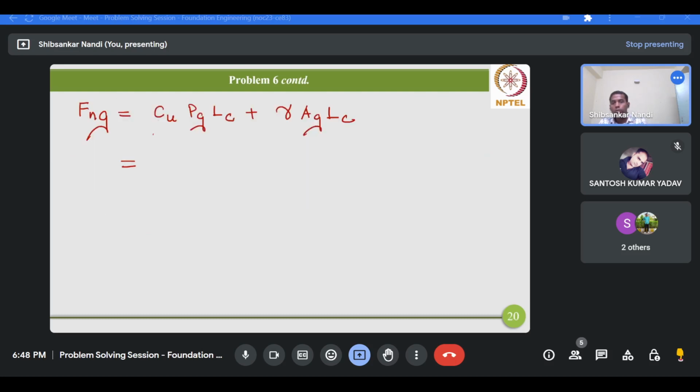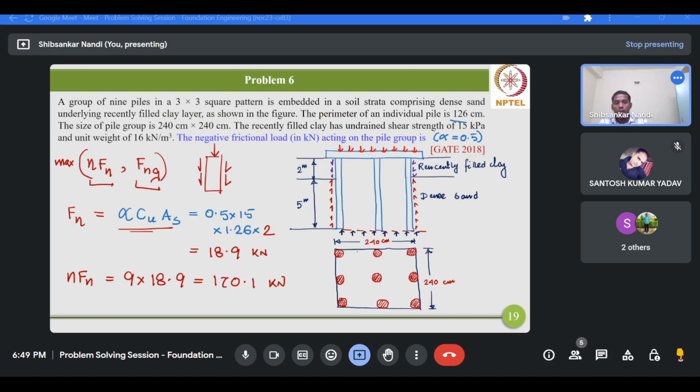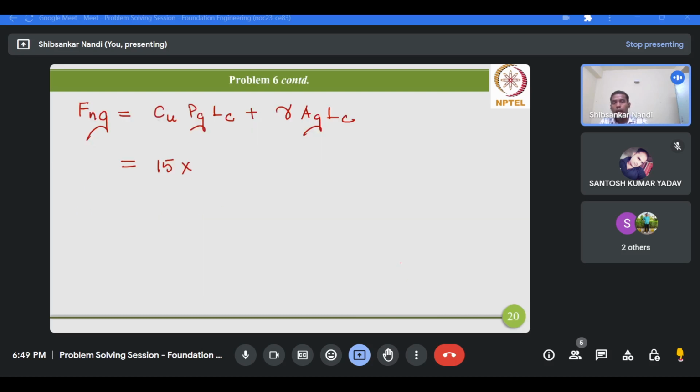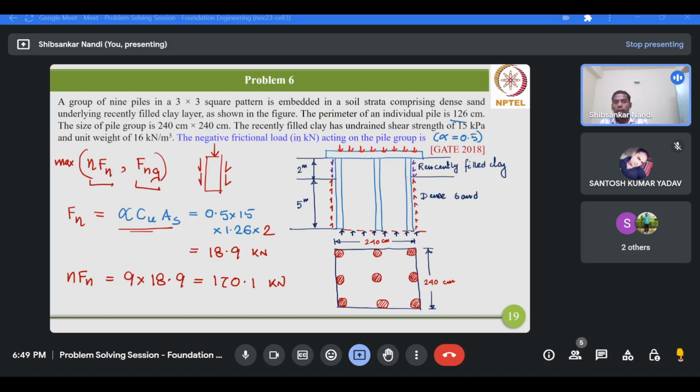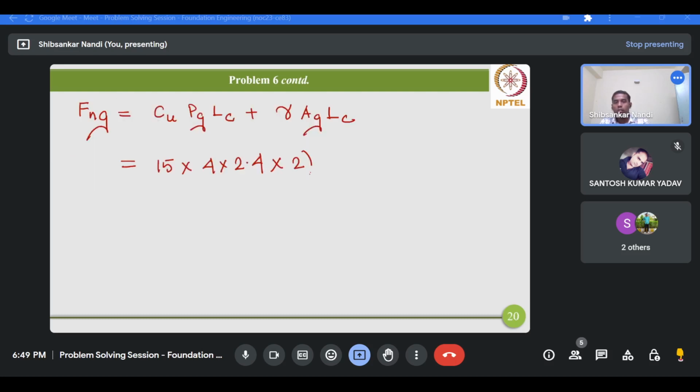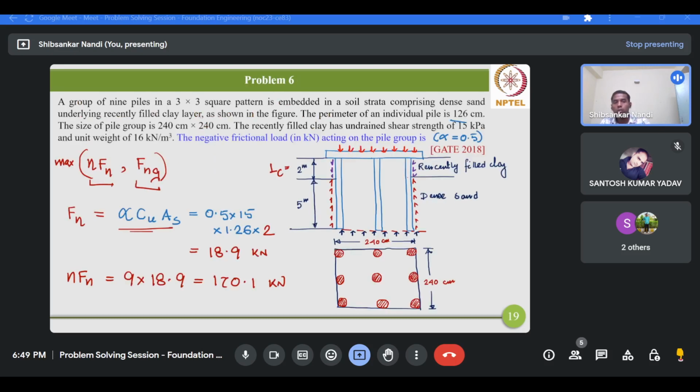Okay. So this Cu is 15, then the perimeter of the whole pile group is 4 times 2.4, multiplied by Lc. So again this is 2 meter, so this is your Lc, plus this is the weight of the recently filled clay, because that will also give you the overburden in the downward direction.